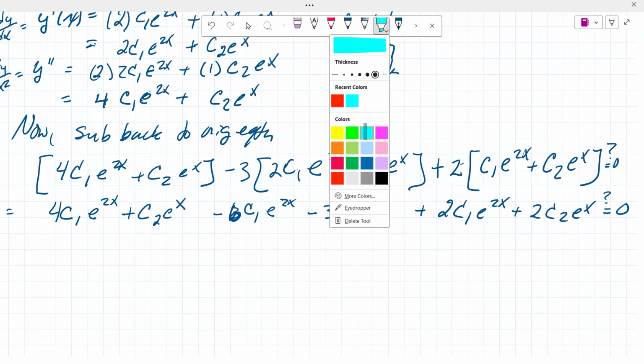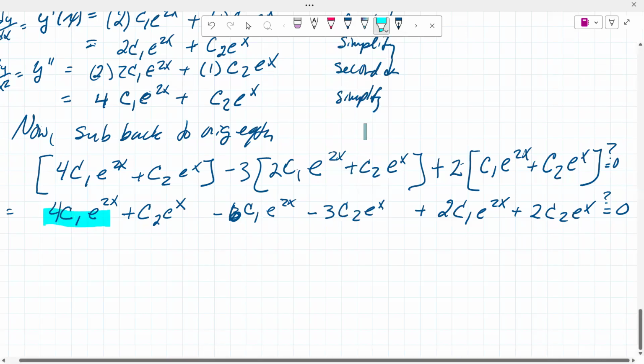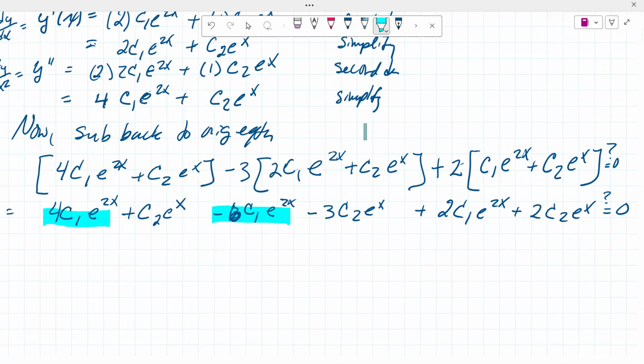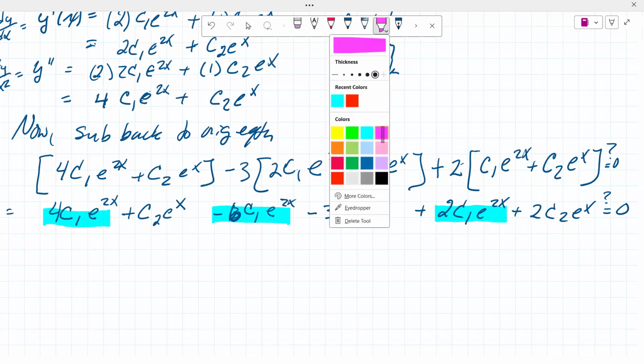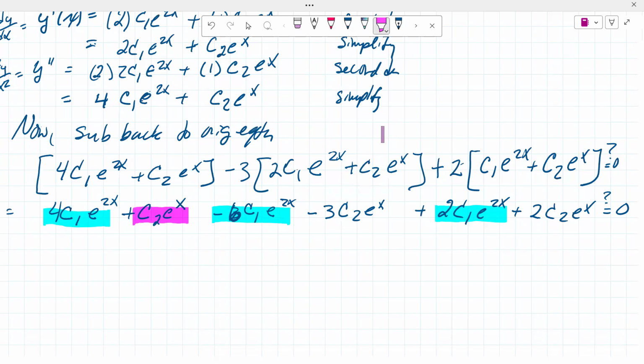So my c1 e to the 2x terms are going to be this term, this term, and this term, and the other terms are going to be these ones, right? This is e to the x. Good. All right. Now we've matched them up. You don't have to do that, but I just find that helpful to keep things sorted.